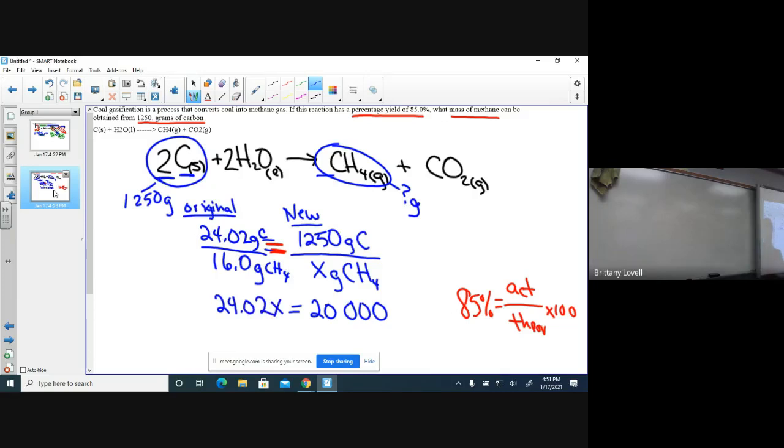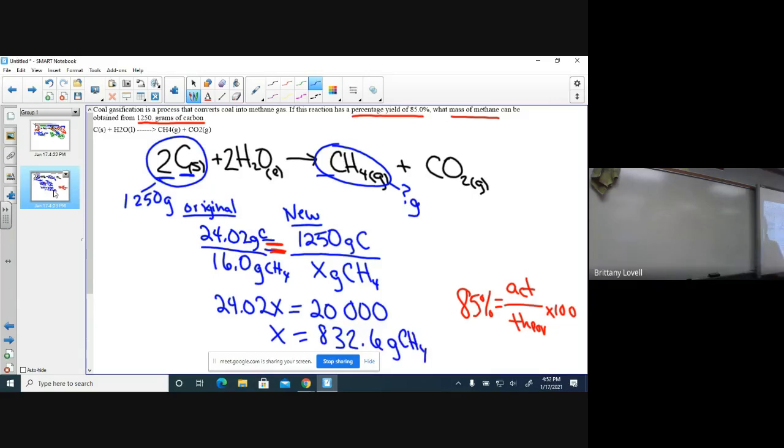Okay. So now I'm going to solve for x, 20,000 divided by 24.02. So x equals 832.6 what? You've got to have a unit, 832.6 what? It's grams of methane.